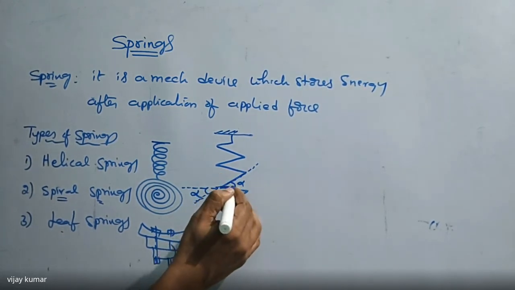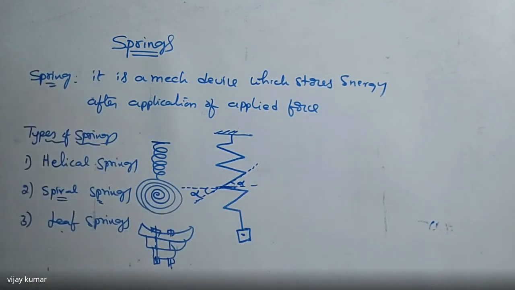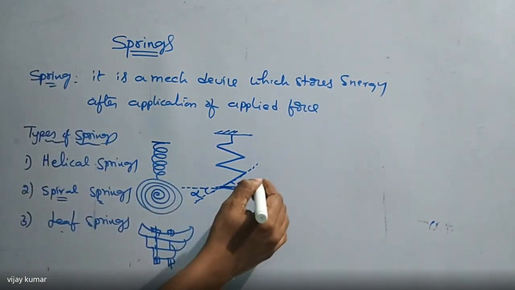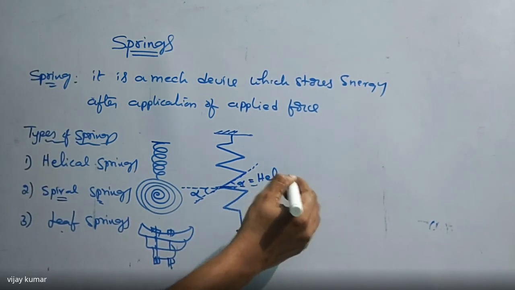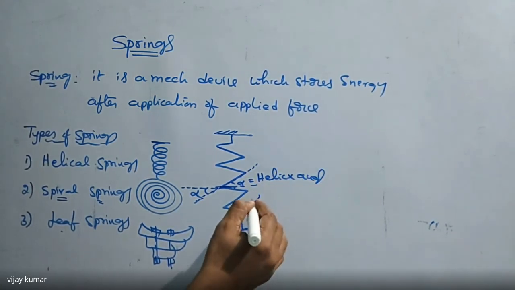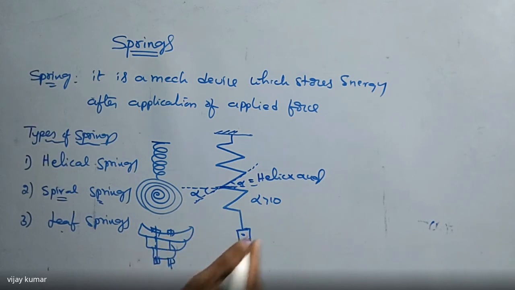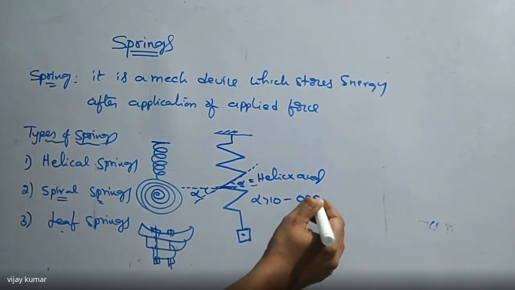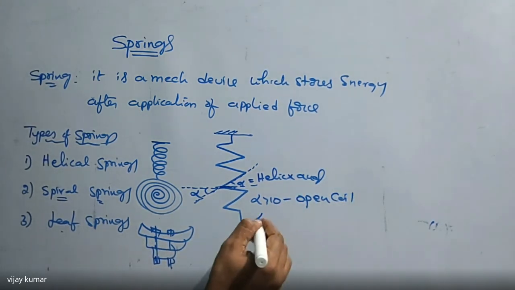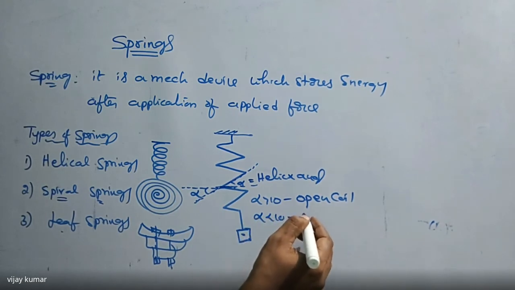That angle is always named as helix angle. This alpha is named as helix angle. When alpha is greater than 10, it is named as open coil spring. When alpha is less than 10, it is named as closed coil.